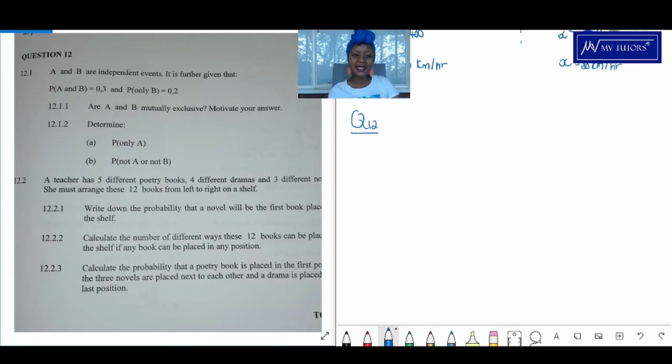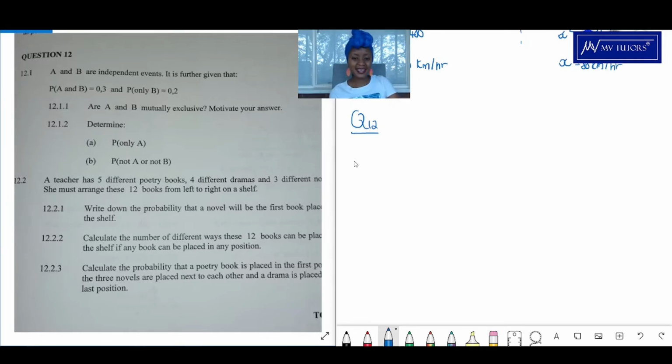All right, so they tell us A and B are independent events. It is further given that the probability of A and B is equal to 0.3 and the probability of only B is 0.2.